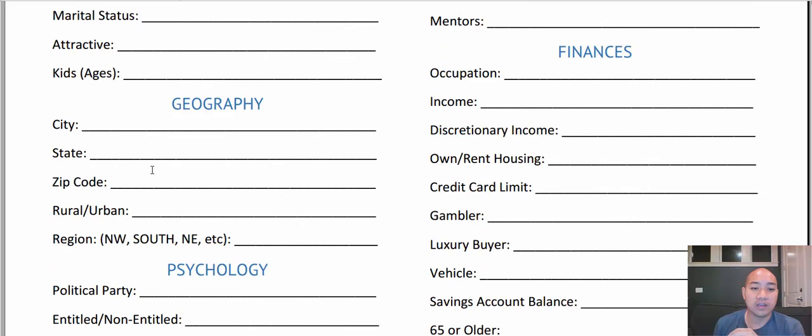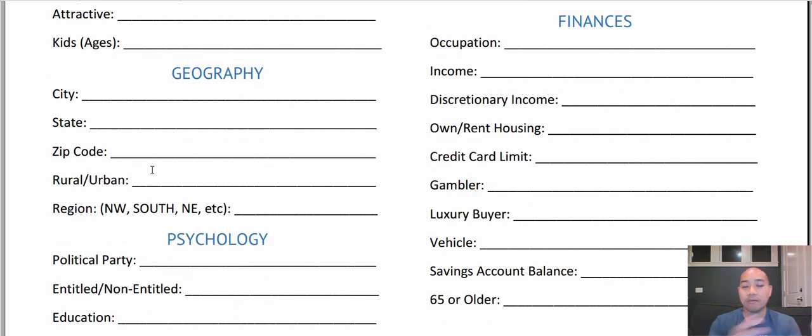Geography. I think from the previous section into this section, it makes sense now why we would even want to have geography here: city, state, zip code, the region, if they're in a city or out in the country.